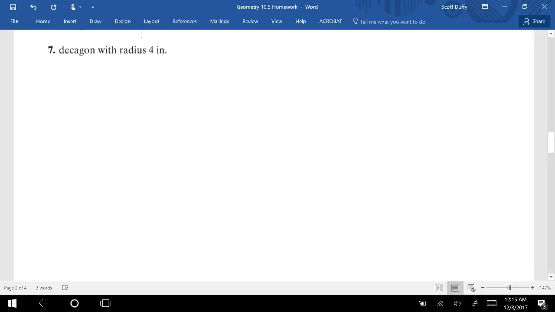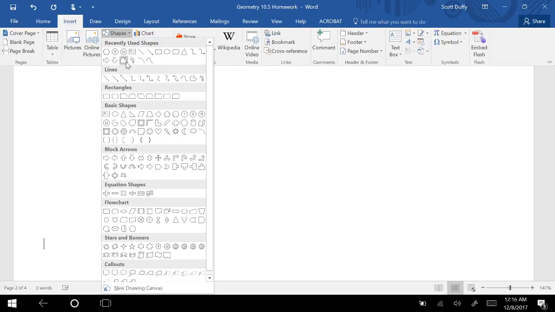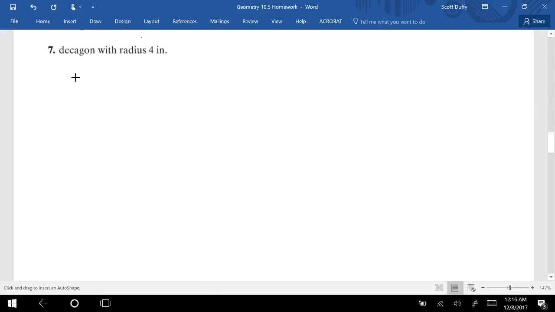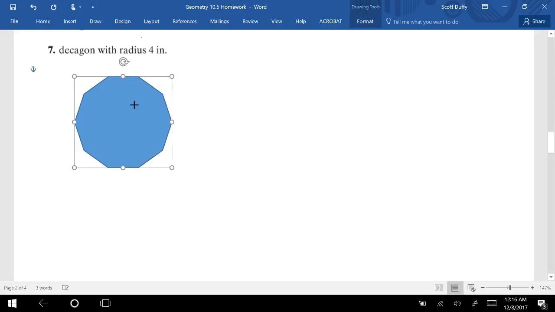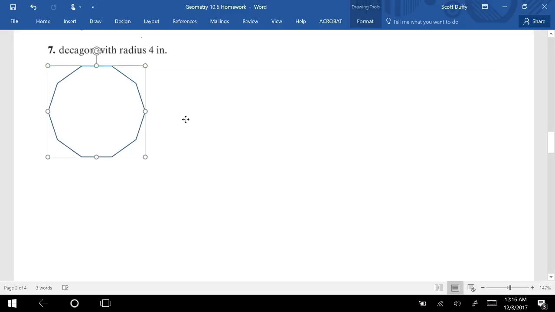Decagon with a radius of 10. So let's insert a decagon. So we have decagon is 10 sides. With a radius of 4.